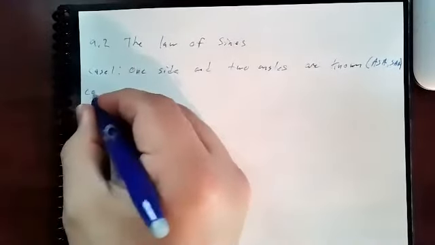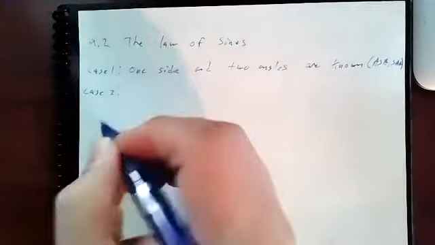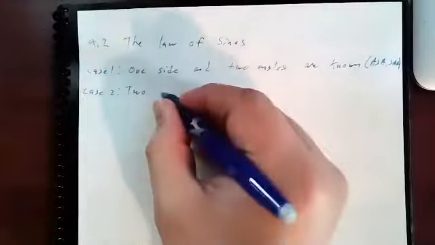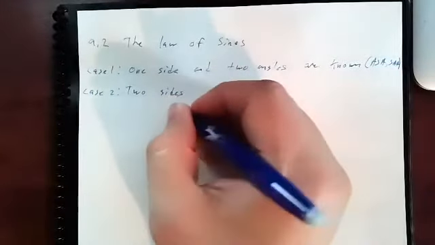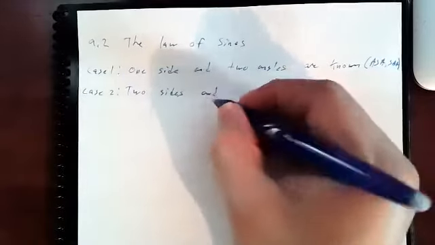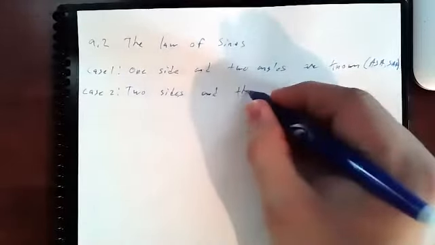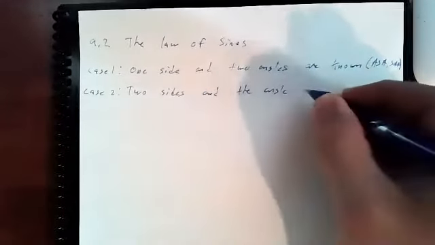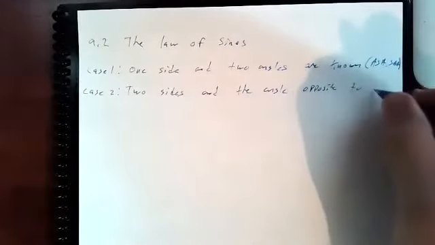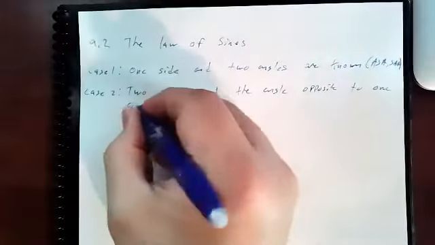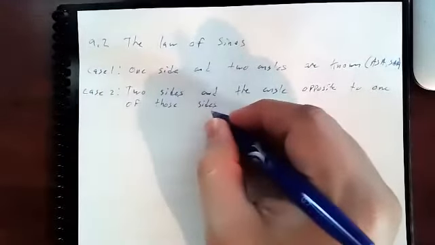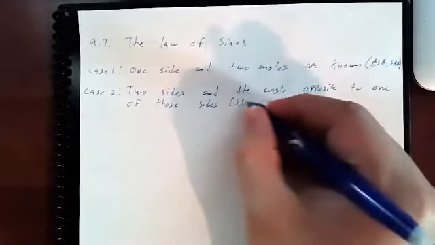Case 2. You're given 2 sides and the angle opposite to one of those sides. We call that SSA.